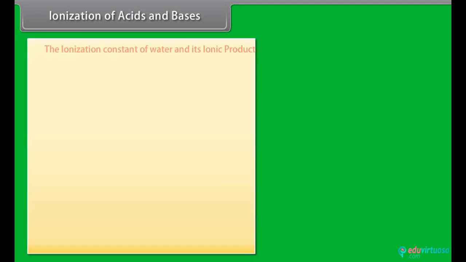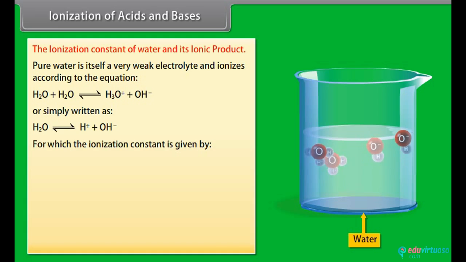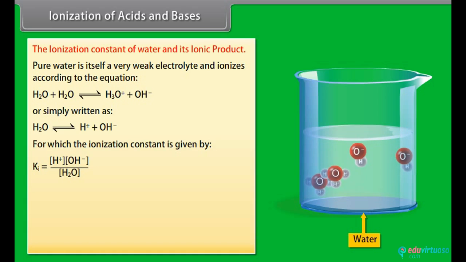Ionization of acids and bases. The ionization constant of water and its ionic product. Pure water itself is a very weak electrolyte and ionizes according to the equation, or simply written as, for which the ionization constant is given by Ki is equal to concentration of H+ into concentration of OH- by concentration of H2O.